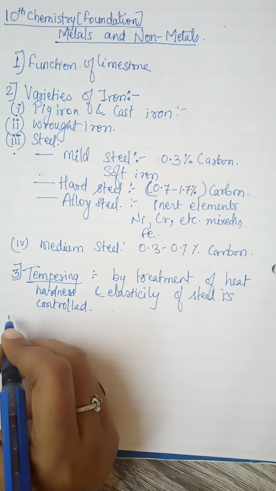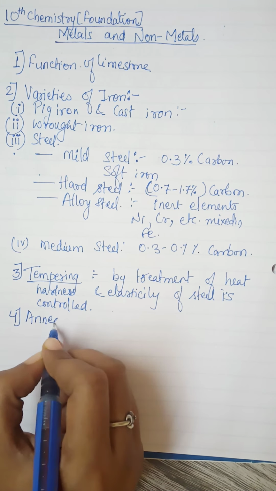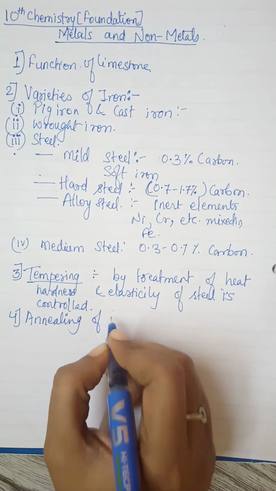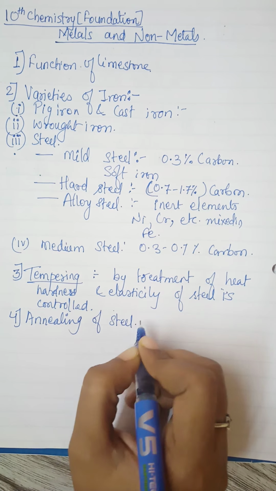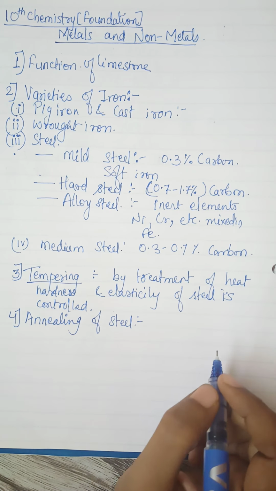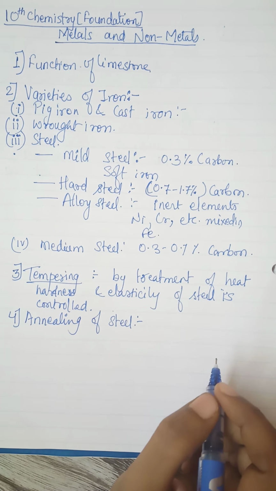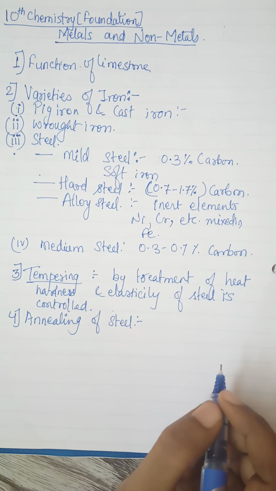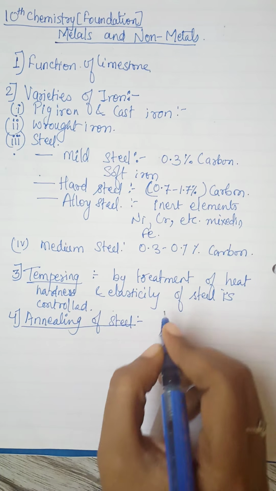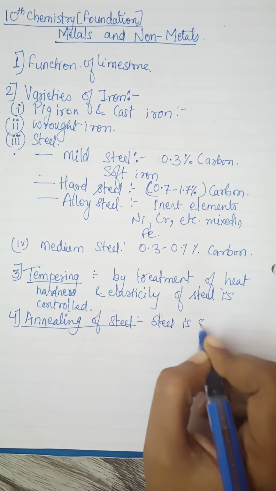Then we have the fourth one, that is annealing. Annealing is also a process, annealing of steel. In this, hard steel can be softened by heating to high temperature and then allowing it to cool down slowly. So we are heating it at a very high temperature. Steel is softened.